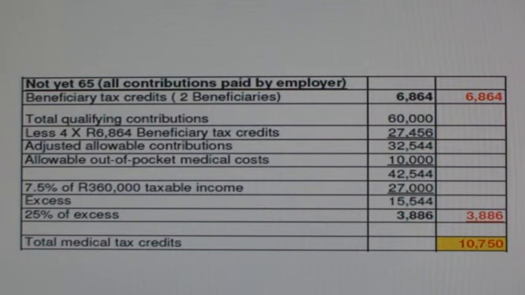We add the code 4020 10,000 Rand out-of-pocket medical expenses we are claiming, and we get 42,544. 7.5% of the 360,000 Rand taxable income is 27,000 Rand. And the amount that 42,544 exceeds 27,000 is 15,544. 25% of 15,544 is 3,886 Rand.